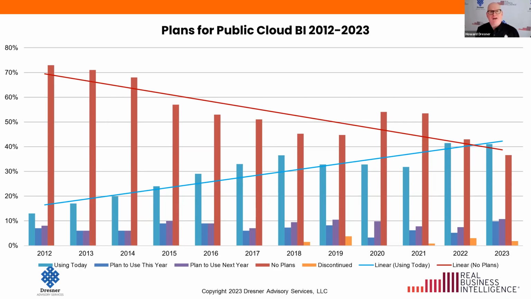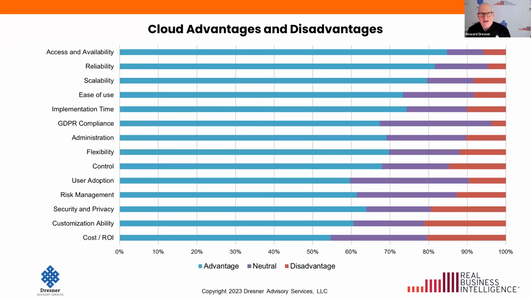So for the last couple of years, we've also asked about advantages and disadvantages associated with cloud-based deployment. And when we talk about cloud-based, we're really talking about public cloud-based deployment as opposed to private cloud. And you can see that, sure, there are things towards the bottom of the list here, but by and large, more than 50% of the respondents said that all of these things are in fact advantages.